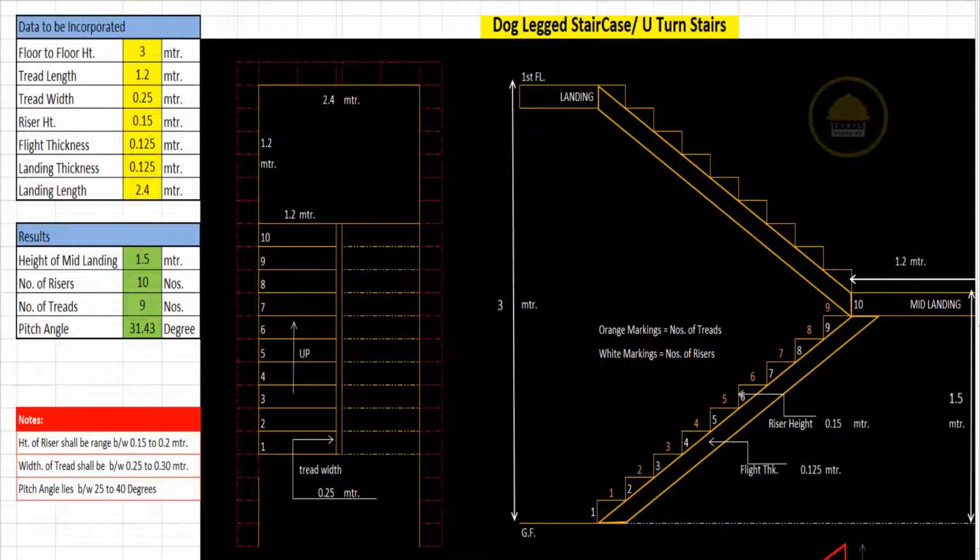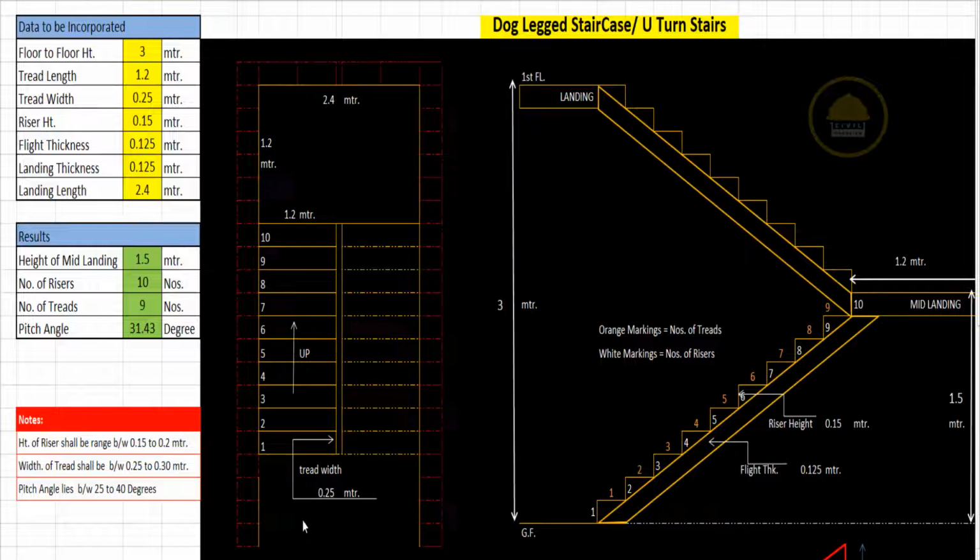As per your convenience, I have taken a sample of a dog leg staircase, or U-turn staircase. The staircase will look like this. As you can see in this picture, the brick wall is surrounded by this dog leg staircase.